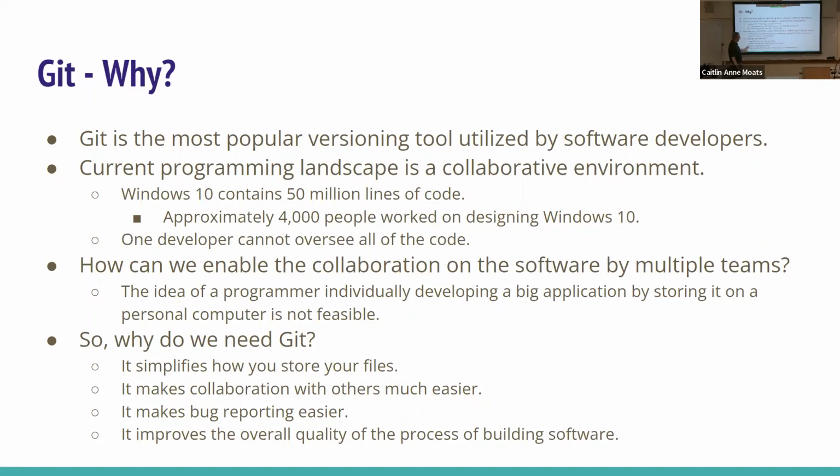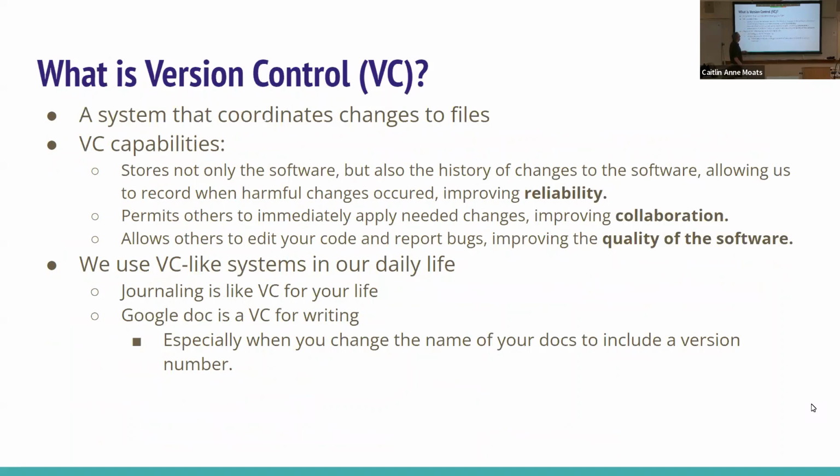And certainly all these things I just mentioned improve the overall quality of the process of building software, so developing your software. So what's version control? And so we'll just abbreviate VC here on the slides. We already got a feel for a lot of it from the little bit we've talked about so far.